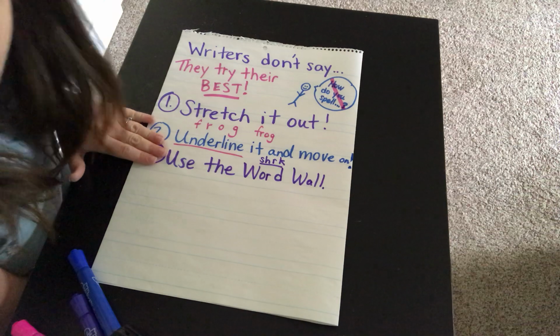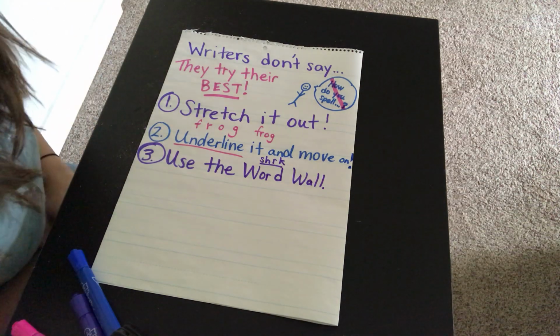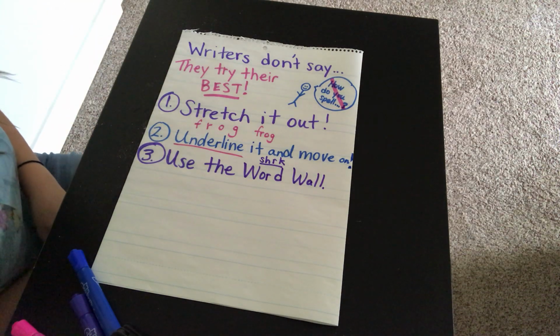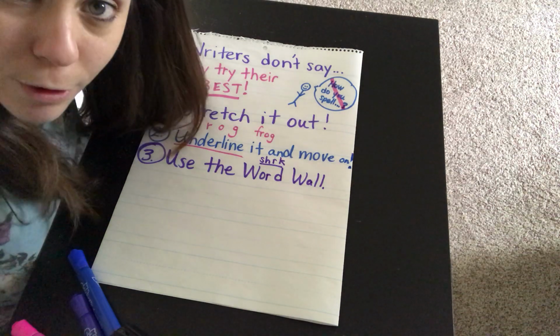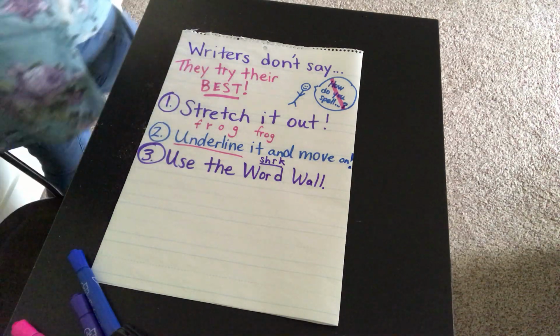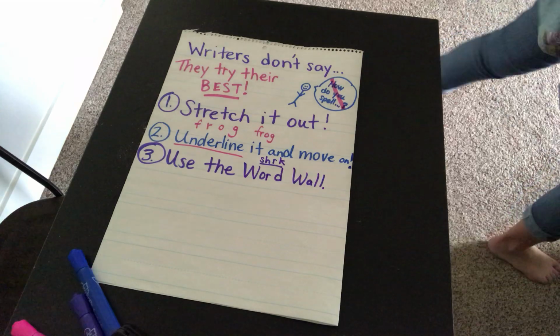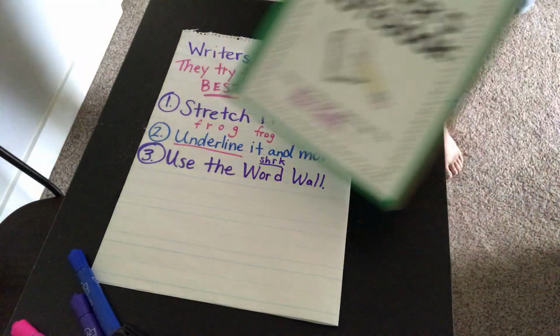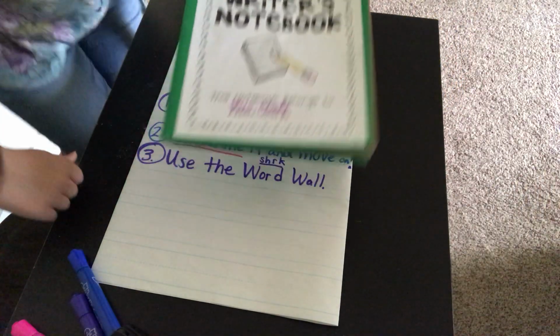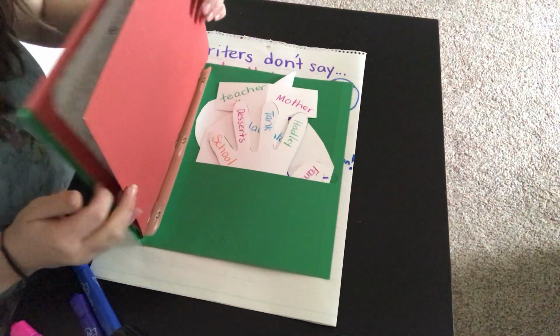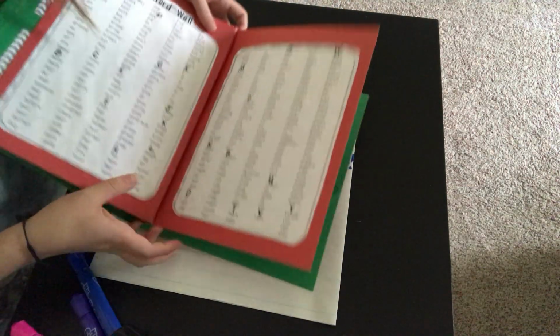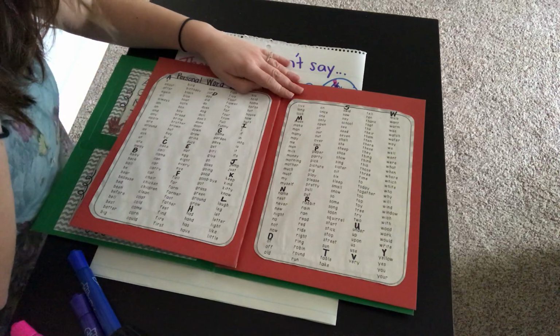Now I know you are not in my classroom right now, so you may not know how to use the word wall. Let me show you. You actually have a word wall at your house. If you get out your writer's notebook here, your word wall is in the middle. Okay?